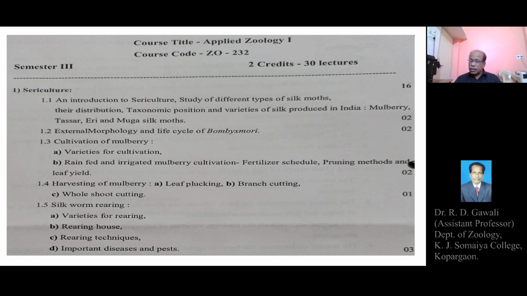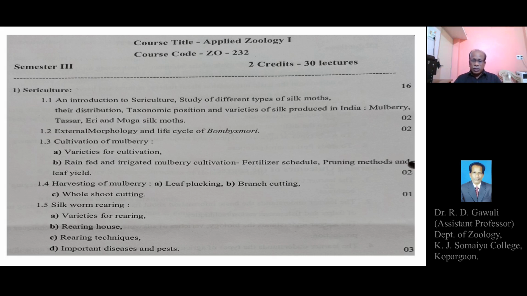Zoology paper 2nd, that is Applied Zoology with section 1st, namely Applied Zoology 1, and the course code is ZO232. Zoology paper 3rd is the practical paper with section 1st, Zoology practical paper. Course code is ZO233.